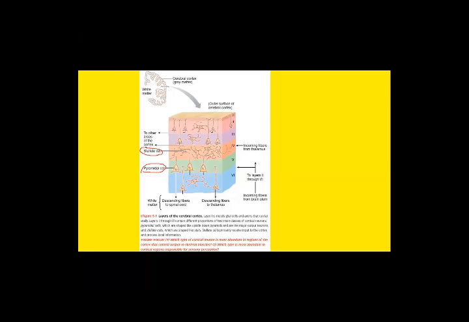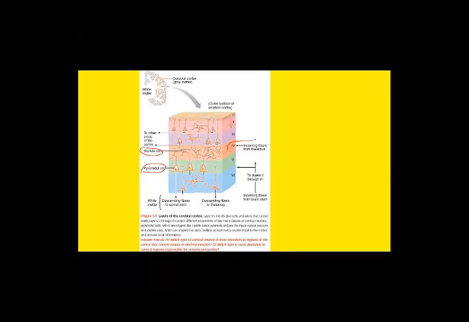Remember, the other name for granular cells is stellate cells. So stellate cells or granular cells, both are the same. And you can see how the synapses are being formed between the stellate cells as well as pyramidal cells.